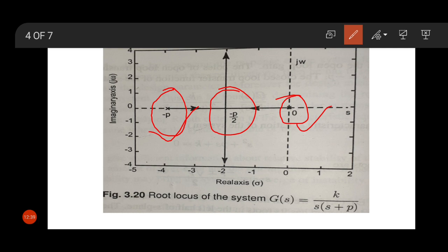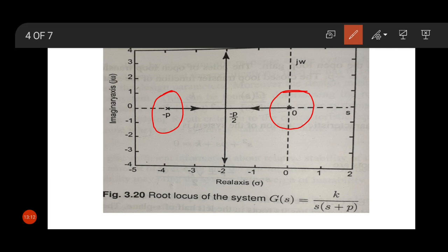As K starts varying from 0, one root starts from s equal to minus p and varies in this way, and another root starts from 0 and varies in this way. When K equals p square by 4, the two roots are the same, minus p by 2.